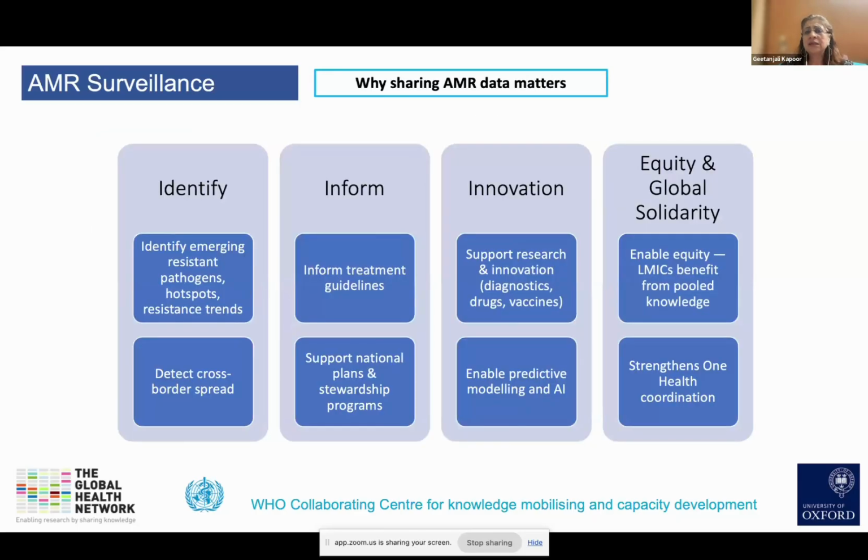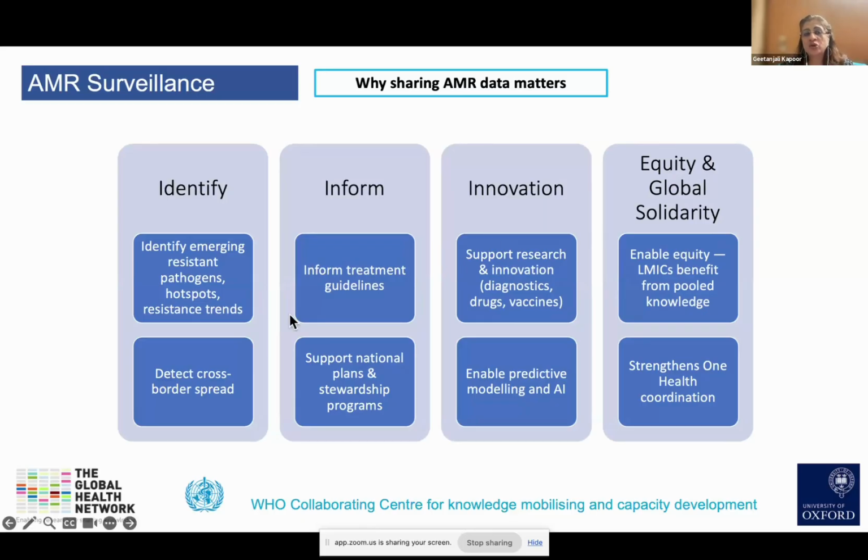So why do we think this sharing of AMR data is important? What's wrong if we just let it stay where it was? It really would not help anybody, right? On this slide, I've talked about four solid reasons. Of course, there are many more reasons why we need to share the data. One is identify. Identify what?